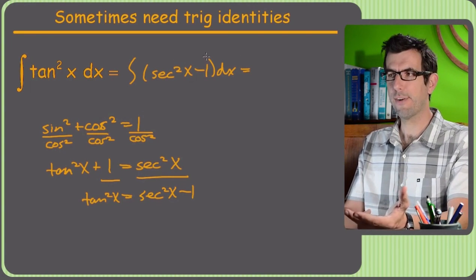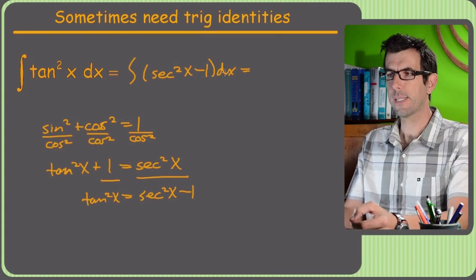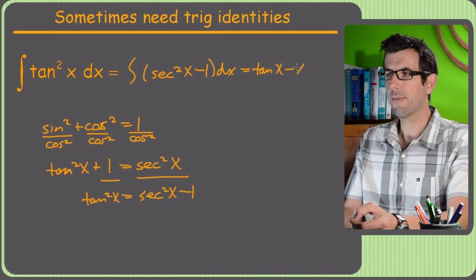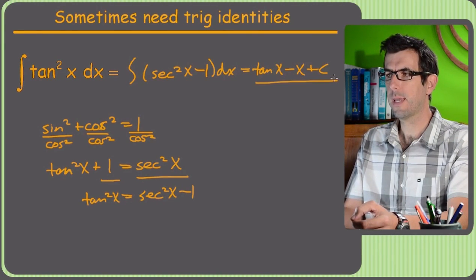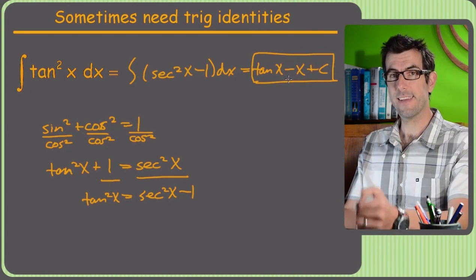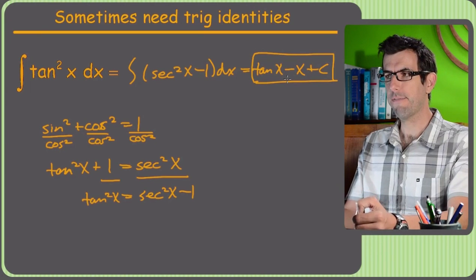And that was super clever because secant squared is really simple. Secant squared x integrates to tangent of x, and negative 1 just integrates to negative x, plus c, of course, and we're done. So trig identities, they're your friend. They help you out. Good stuff.